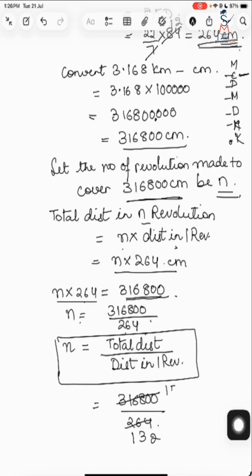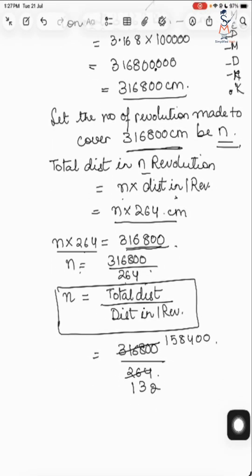This will become 158400 divided by 132. Dividing by 2 again, 158400 becomes 79200 and 132 becomes 66. Now, 66 divided by 11 gives 6, so this will become 7200 divided by 6. 6 ones are 6, 6 ones are 6, 6 twos are 12, 00.